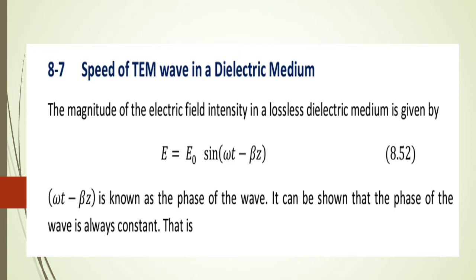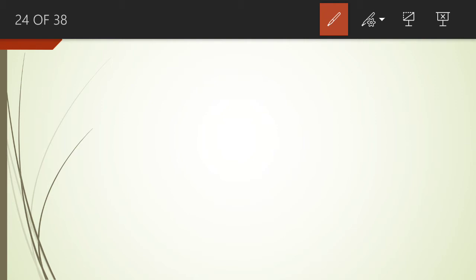Now we are going to derive the equation for the speed of the electromagnetic wave in any medium. We know that the speed of the electromagnetic wave depends upon the medium as well. We discussed this characteristic in our previous classes, that the maximum speed of the electromagnetic wave takes place in free space only.